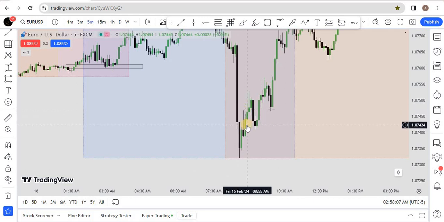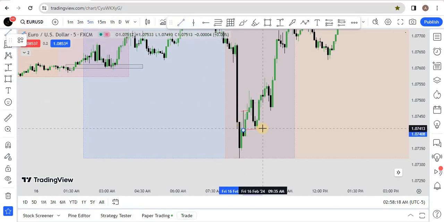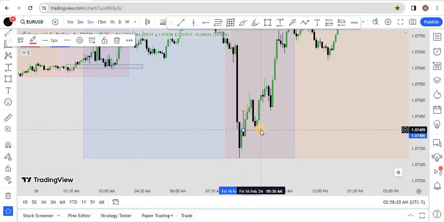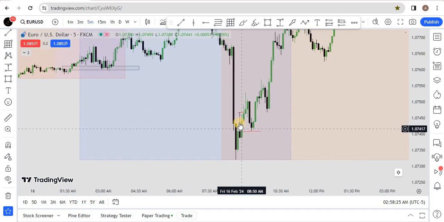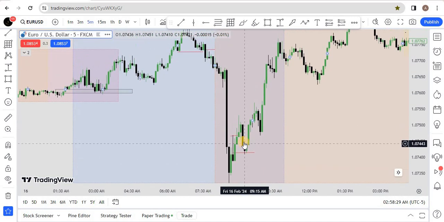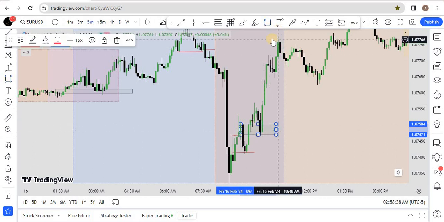These are market structure shifts, the previous and next candle did not break. We have this order block, and this consequent accumulation of this week you can also consider upside. We also have a valid swing point here, a market structure shift, and this mitigation upside.